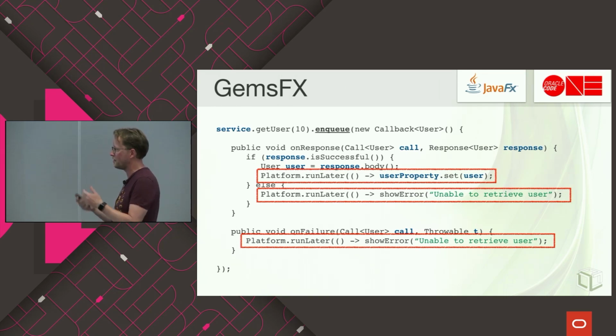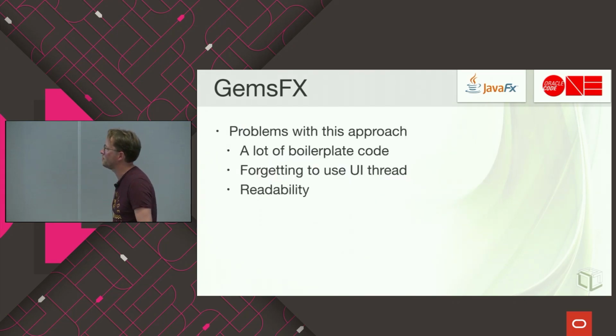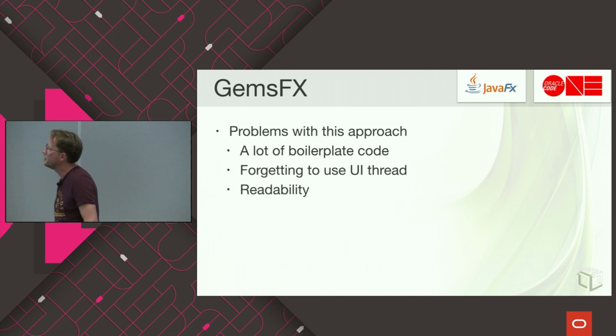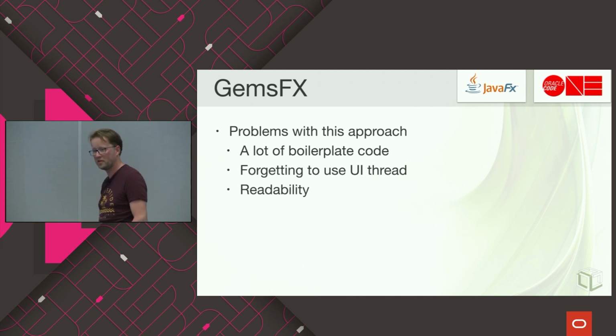But then all of a sudden, the customer is trying out your application, and this gets called, and you didn't add the Platform.runLater, and you get an exception from JavaFX saying that you called this on the wrong thread. Okay, so you never have a guarantee that all your code is actually running on the correct thread. So problems with this approach: a lot of boilerplate code, you might forget to use the UI thread, and the readability of the code.